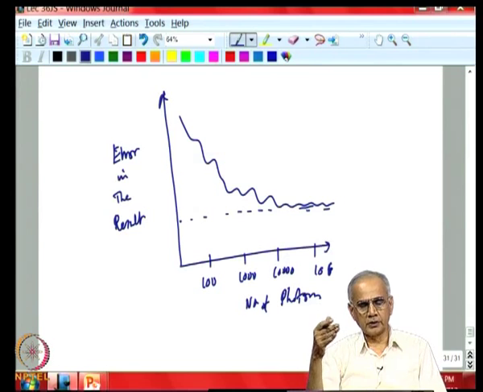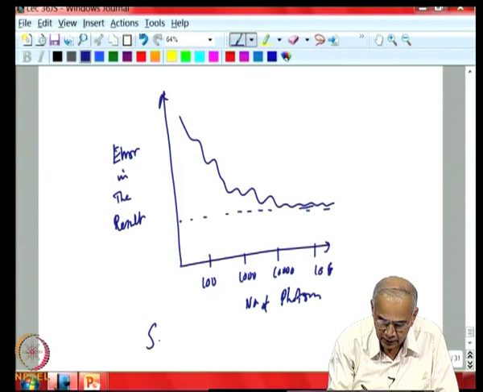You need to do some guessing. So, you start with some assumption, you double the number of photons or make it higher, and see whether your results are sensitive to the number of photons. So, sensitivity to the number of photons is a must study.